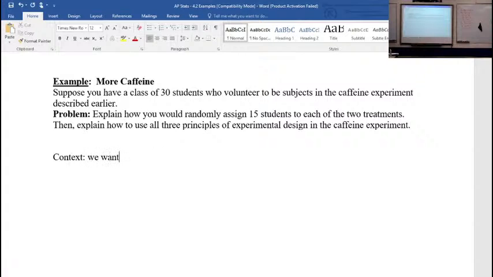We want to know if, this was an example that they gave in the book, caffeine has an effect on a student's pulse rate.